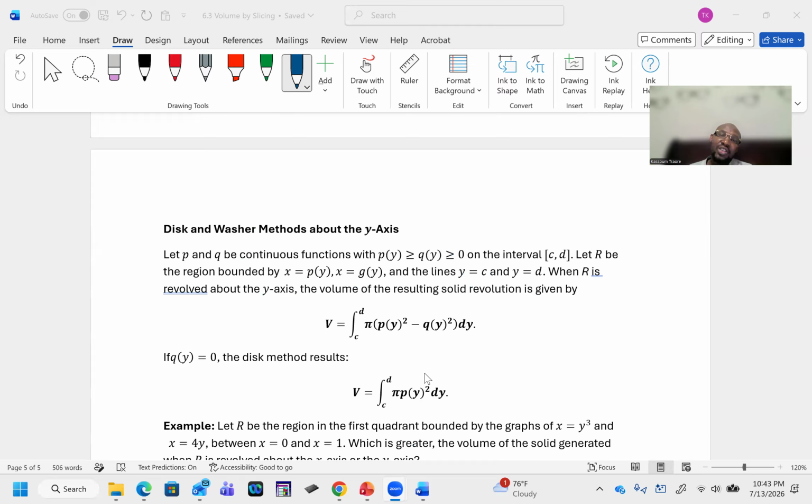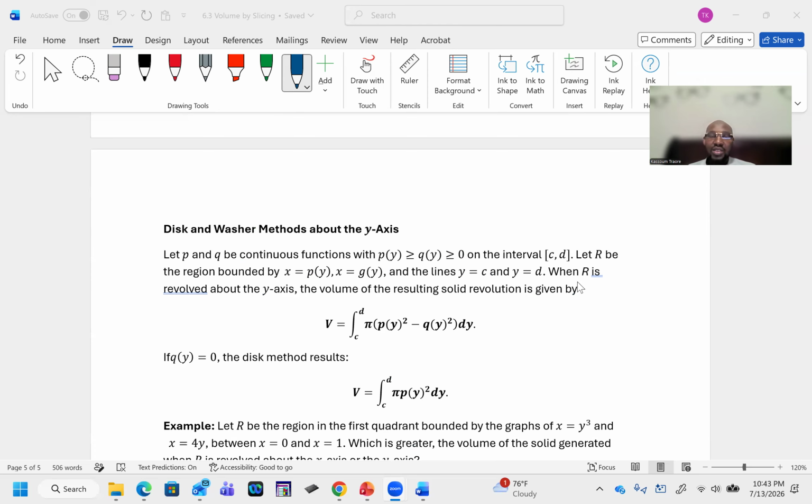Okay, let p and q be continuous functions with p(y) greater than or equal to q(y), which is greater than or equal to 0 on the interval [c, d]. Let R be the region bounded by x equals p(y), x equals q(y), and the lines y equals c and y equals d.